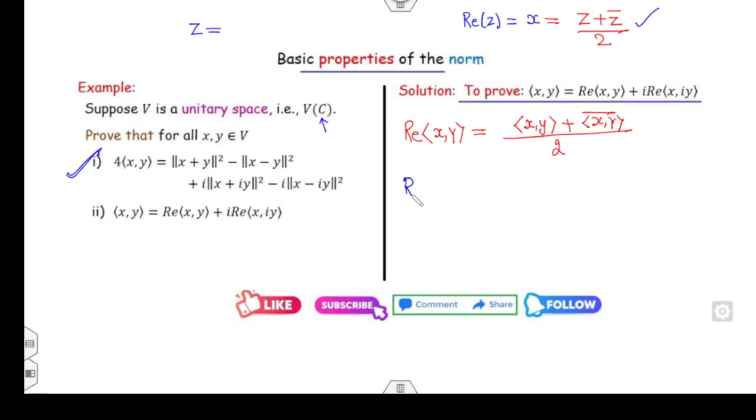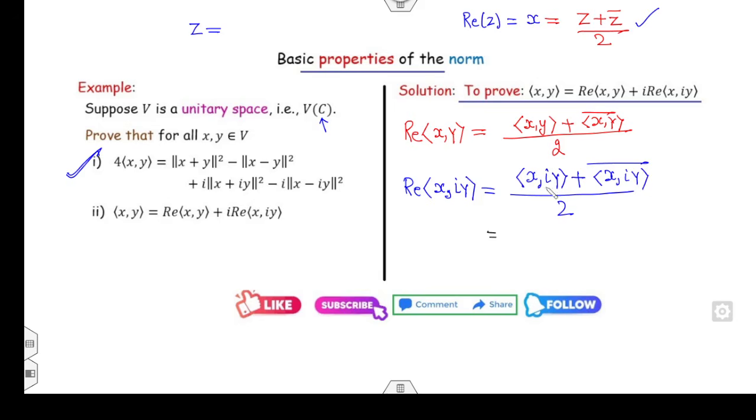Similarly, how you can write the real part of x comma iota y, again by using the same definition, that will be x comma iota y plus x comma iota y. Is it okay?